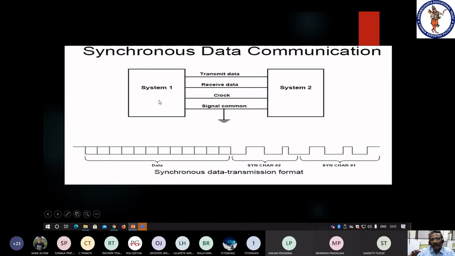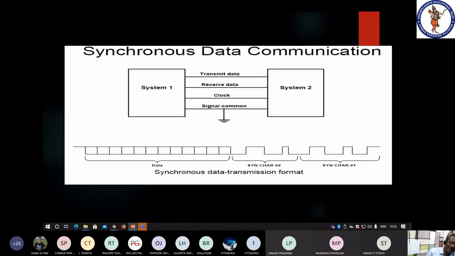In synchronous data communication, the data is transmitted as frames, or complete data within 1 clock pulse of time. But the very important point is that the transmitter and receiver must be connected with a common clock, and they must be at the same speed.